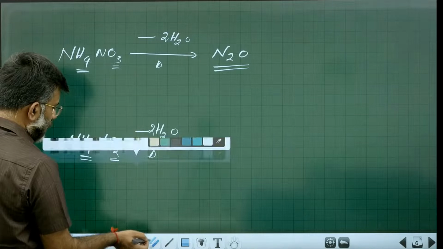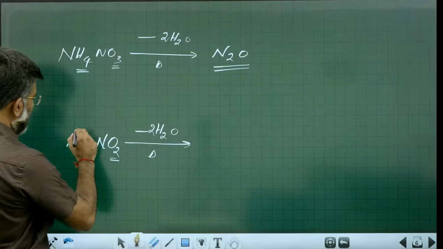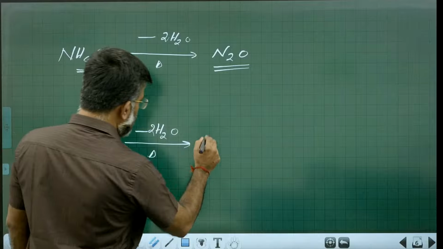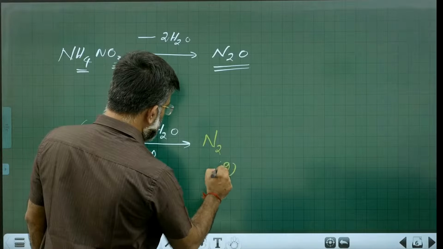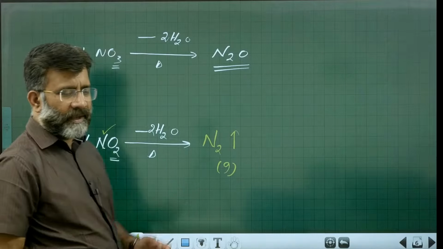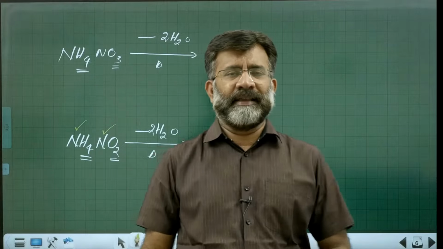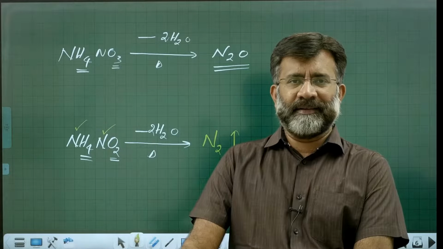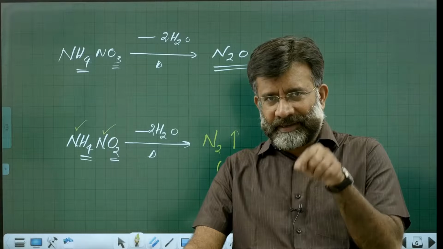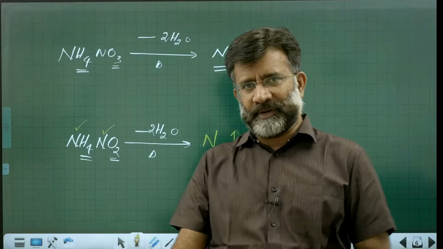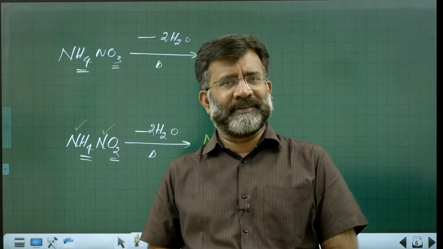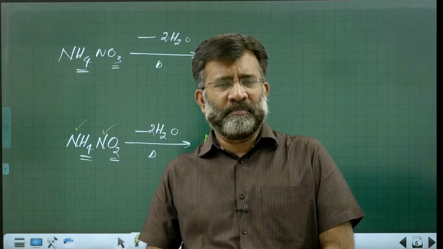What is remaining? Very simple, no? You have remaining N2, so N2 gas will be the result. So upon heating ammonium nitrate, nitrous oxide is liberated, while heating ammonium nitrite, N2 gas is liberated. You can easily find out without trying to learn it by heart.